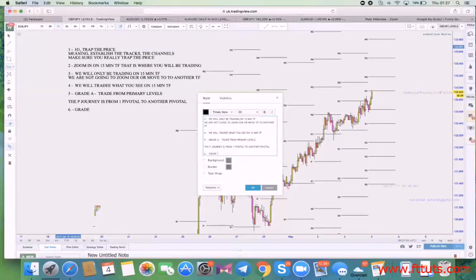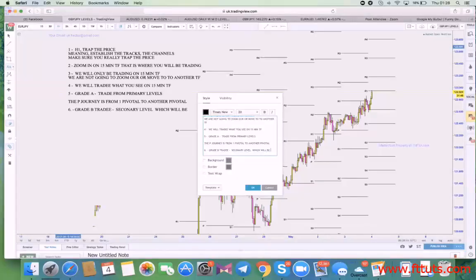A grade B trade, guys, is from a secondary level. The grade B trade will be from the secondary levels, which will be your trend lines. For a grade B trade, the price journey will be to the nearest pivotal level, guys.